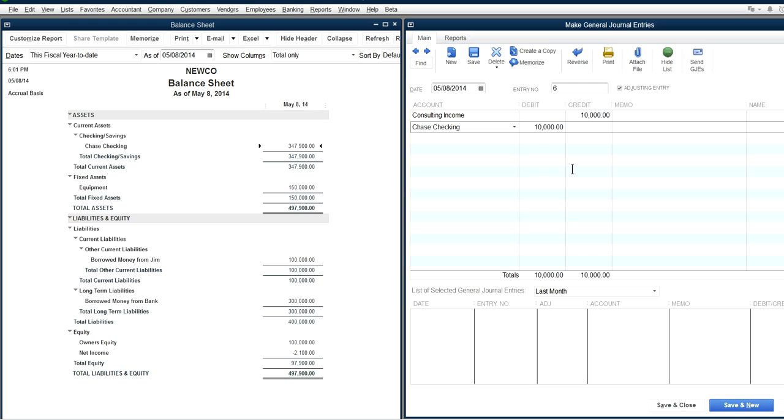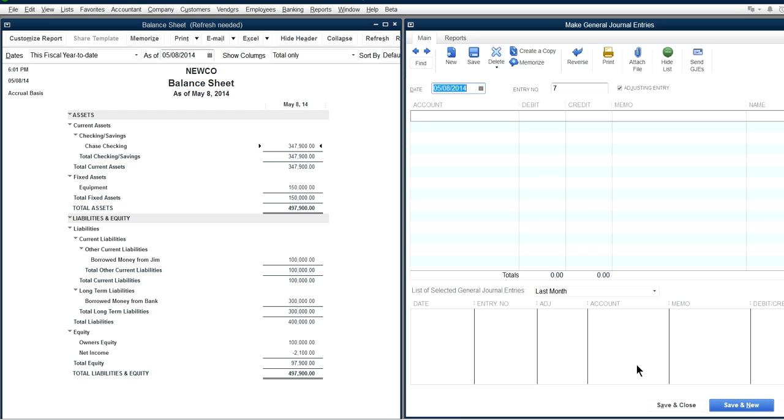So as you can see here, whenever you bring in business, that's credit to your income account, and it goes to your bank account as deposit, so it's a debit to your bank account. So credit, income, debit, bank account.